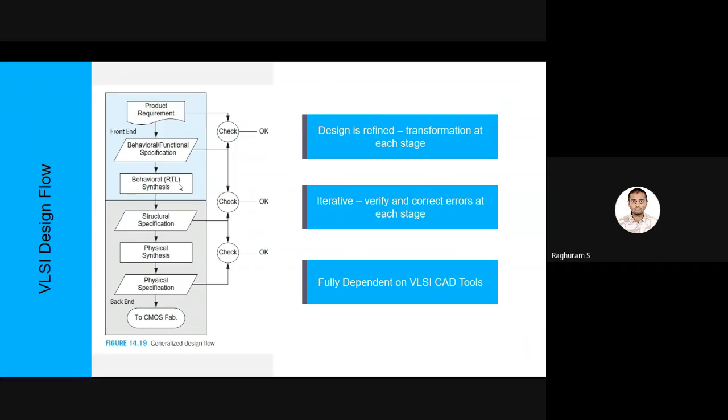HDLs have a relatively new history, maybe they are around from the early 1990s, and the earlier HDL was VHDL, VHSIC HDL, and VHDL was a little more complicated than Verilog. And Verilog evolved around the mid 90s, maybe around 95, when the language reference manual was developed.